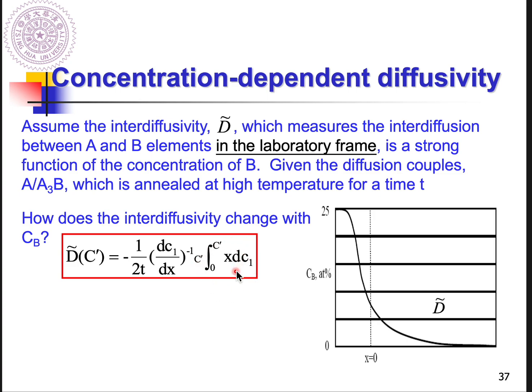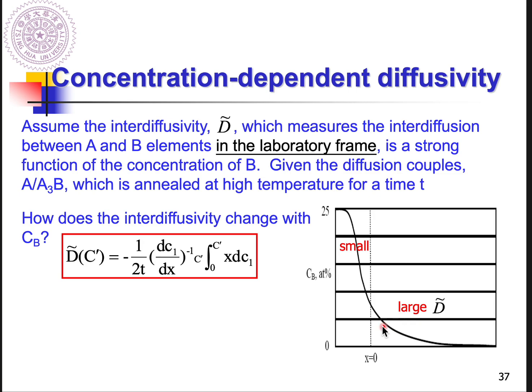This term won't change much. But the slope changes a lot, so usually this term dominates the value of the interdiffusivity. In this region, the gradient is small, and taking the reciprocal, you get a large interdiffusivity. In this region, you take the reciprocal of a large gradient term, so you get a small interdiffusivity.